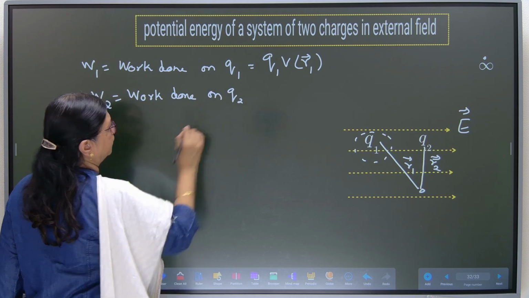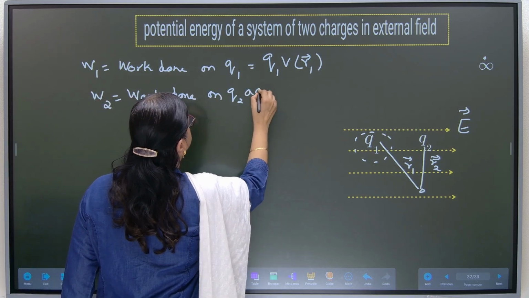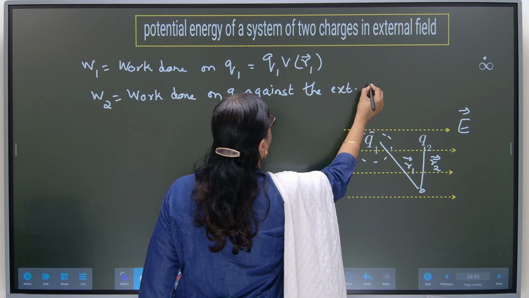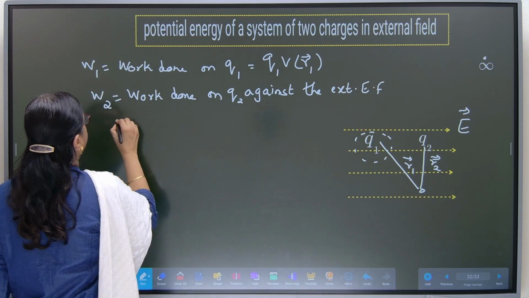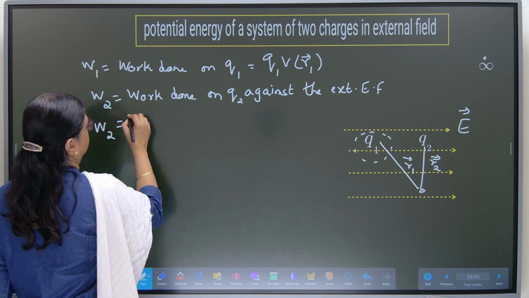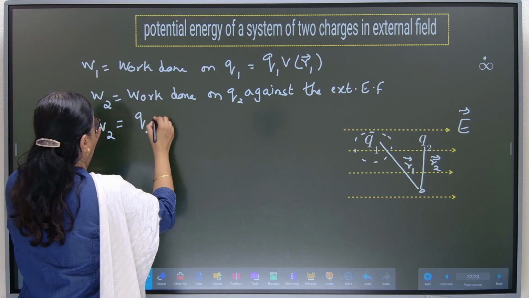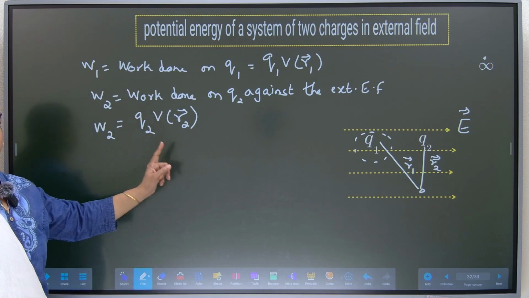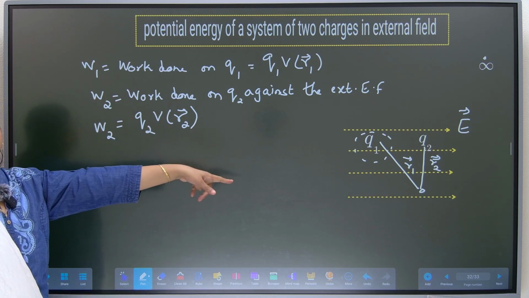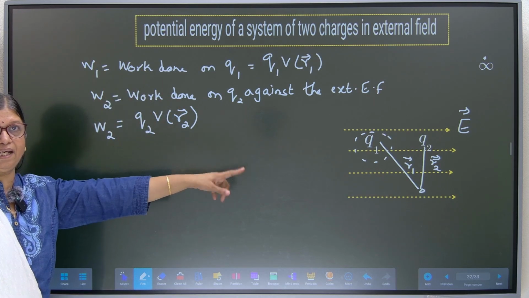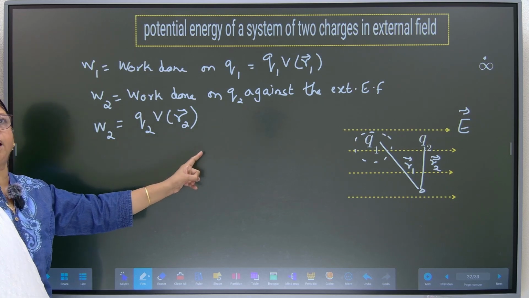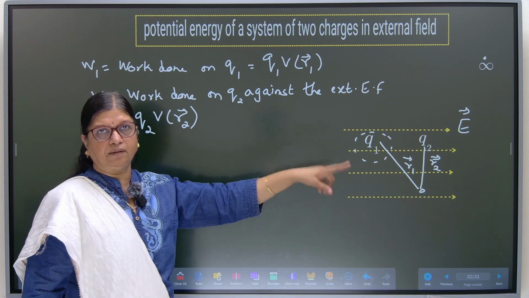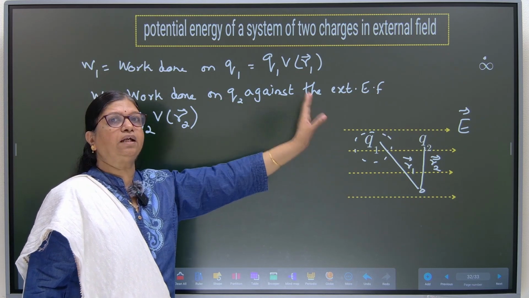So W2 is equal to work done on Q2 against the external electric field, equal to Q2 times V(R2), where V is the potential due to the external electric field at the position vector R2, just like V(R1) is the potential at the position vector R1 in the external electric field.